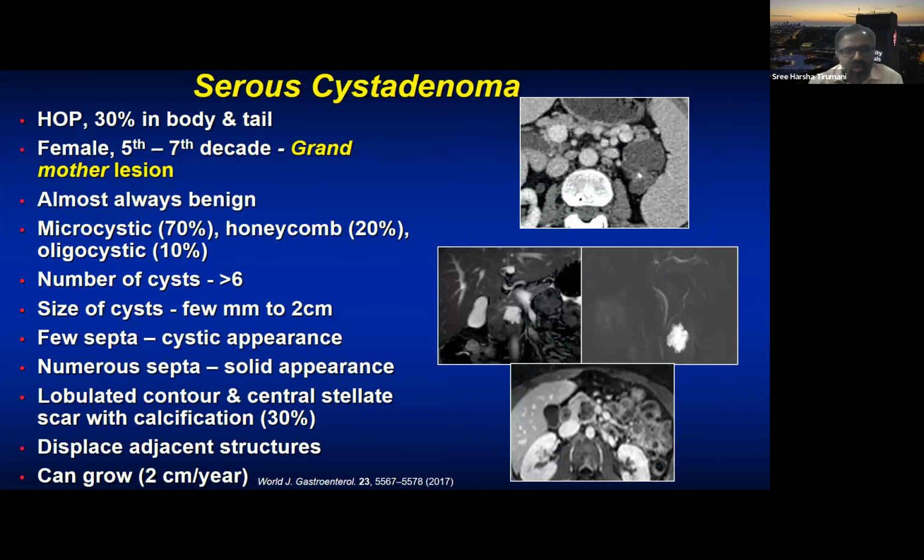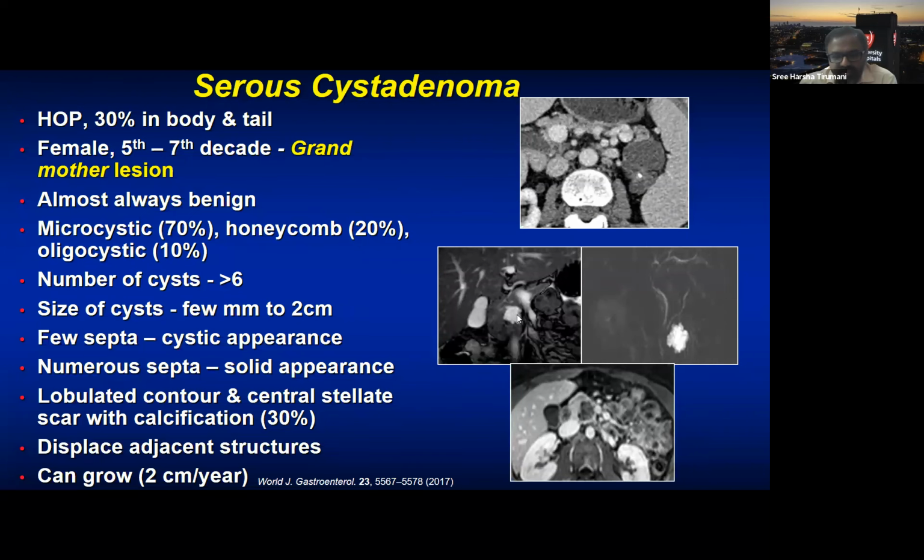First, going into the most benign and the least malignant of all, or practically no malignancy, is the serous cystadenoma. If you all remember from the residency days, the classification of the pancreatic cysts, we know the daughter, mother, grandmother lesion. Serous cystadenoma is a grandmother lesion in the sense that it typically happens in elderly women and has a very characteristic appearance.